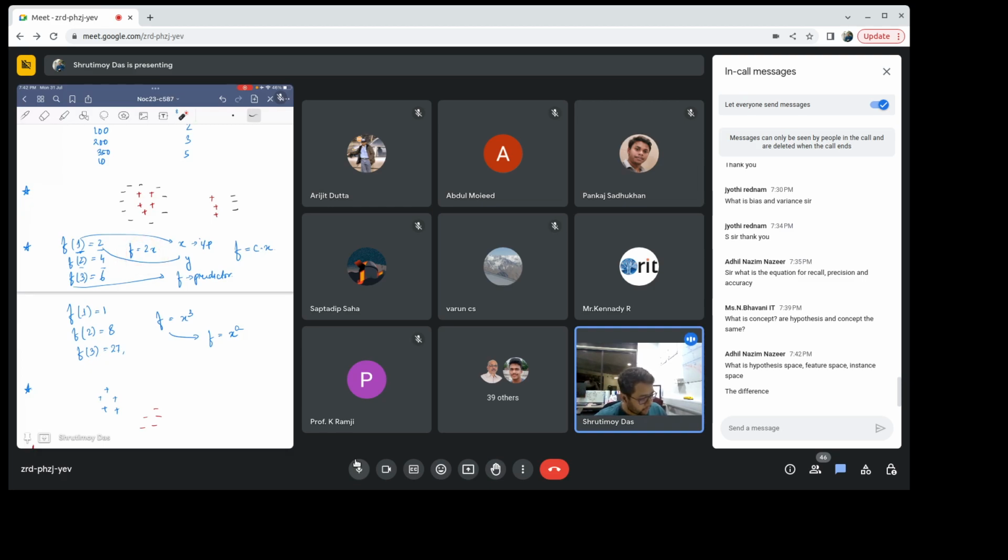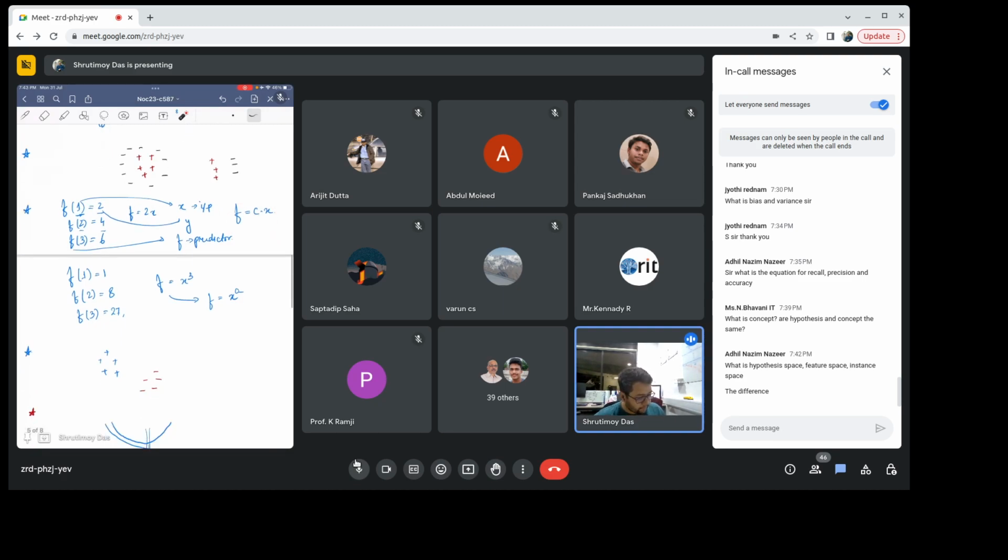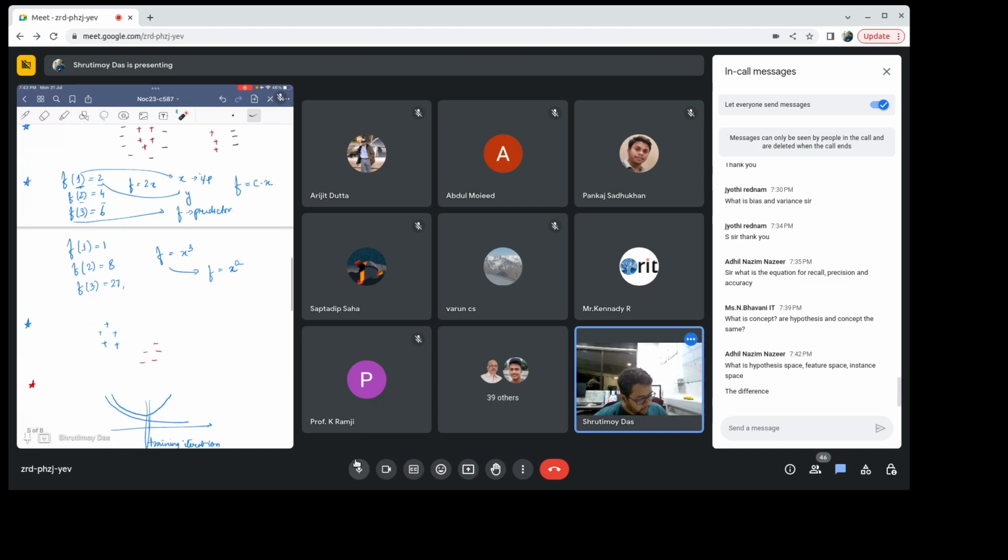Or in general we can say f is of the form f = c times x. So in this case your hypothesis space will be the set of all functions which are of this form, some constant times x. So suppose we have some other example, say f(1) is 1, f(2) is 8, f(3) is 27. That means your hypothesis space will be the set of functions which are of this form, which is x to the power t. So this whole space is called a hypothesis space.